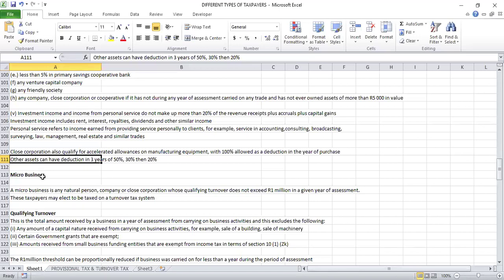Right. Smaller businesses can also qualify to be classified as micro business. These are very small businesses. Now you'd find that micro businesses even have lesser tax brackets.